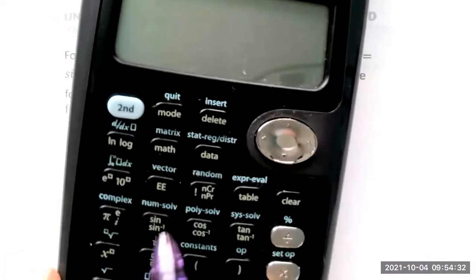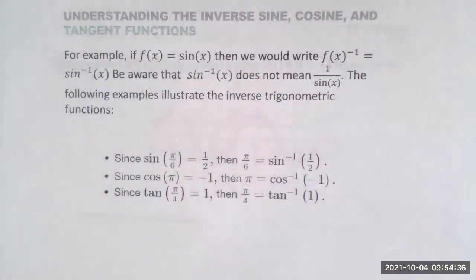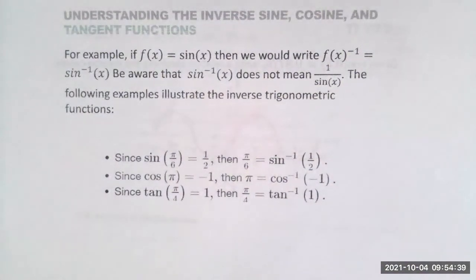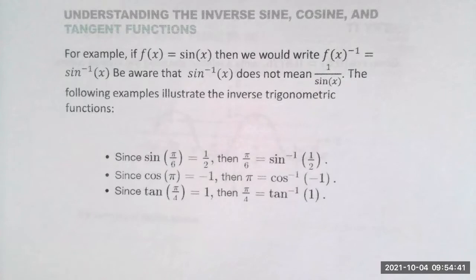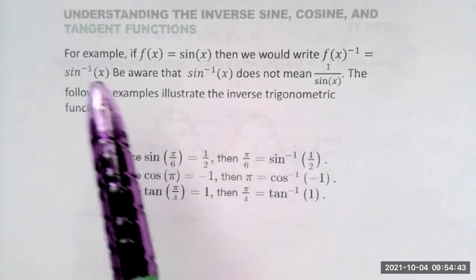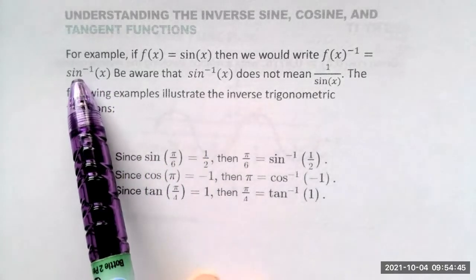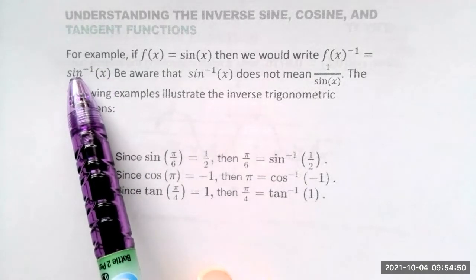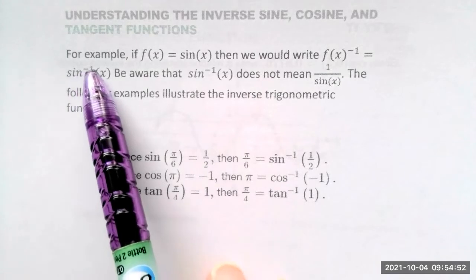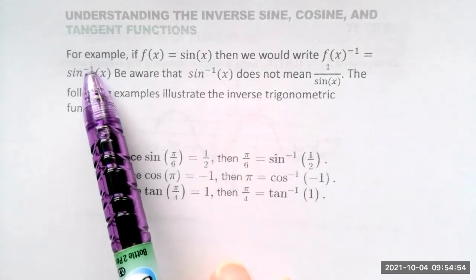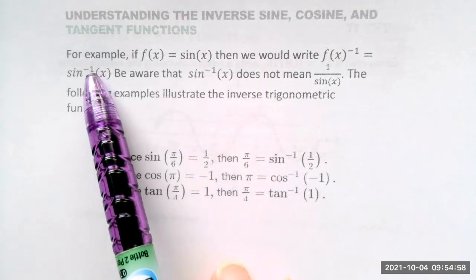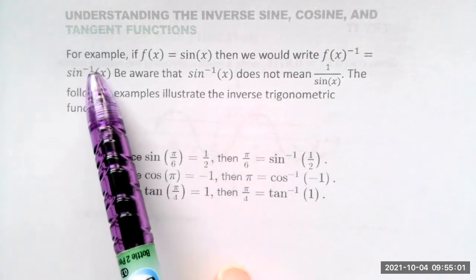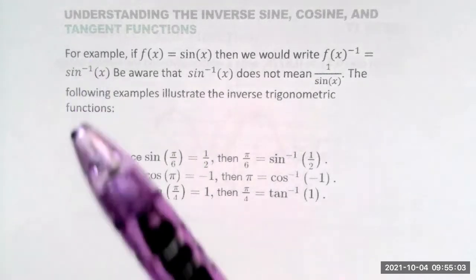This is sine with a -1 above it, in the superscript position where your exponent usually would be. But because it's applied not to a value, but to a function name, that's how you know it's an inverse function. When we apply a superscript of -1 to a sine value, that's a reciprocal.